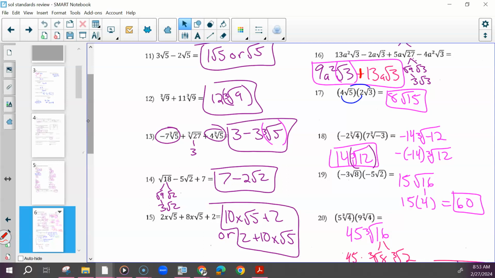18 is 14 times the cube root of 12. 19 is 60.